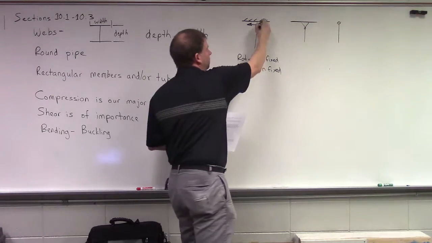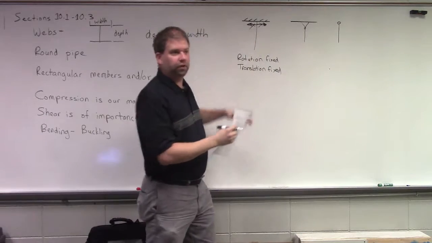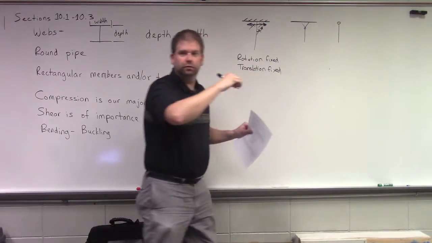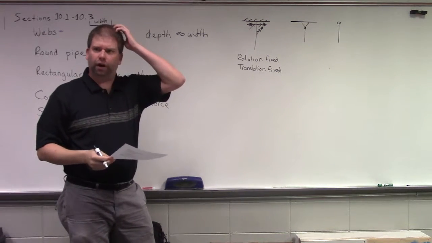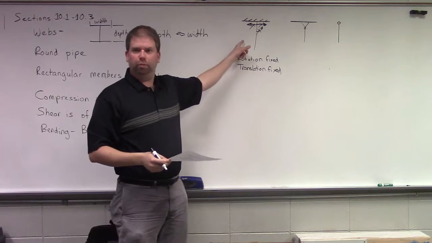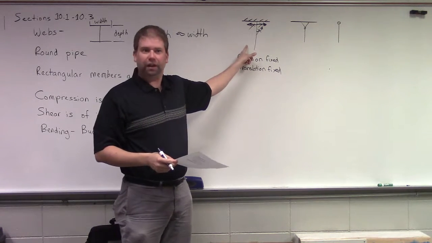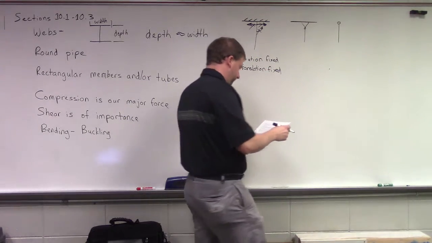Okay, it cannot move in those directions. It's also being secured so that it's not able to rotate about that axis. Okay? So think of that as our, when we were talking about beams, remember when we talked about pinned connections? Okay, this would be like our pinned connections. We're not allowing it to rotate, we're not allowing it to translate.